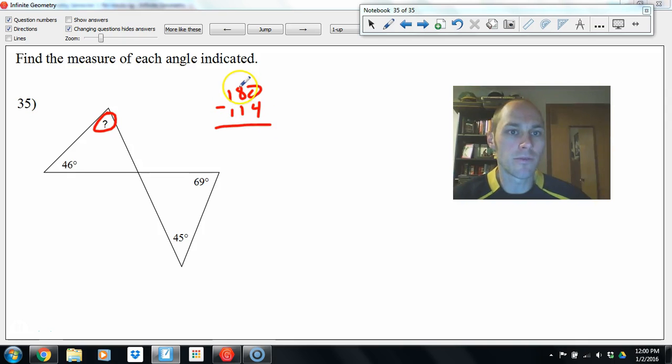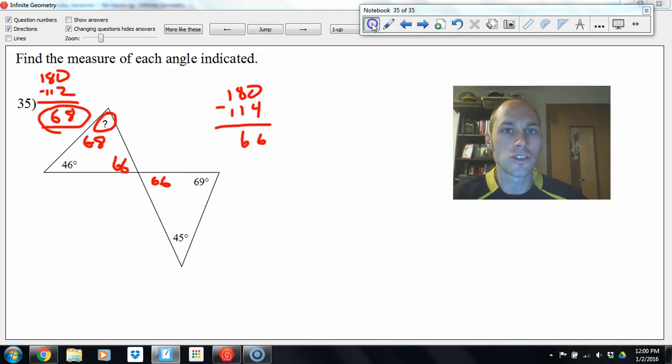So 180 minus 114 is 66 degrees. So this one's also 66, plus 46 is 112. So subtract 180 minus 112, and that will give us 68 degrees for that angle. And that should be the measure of the angle we're looking to find.